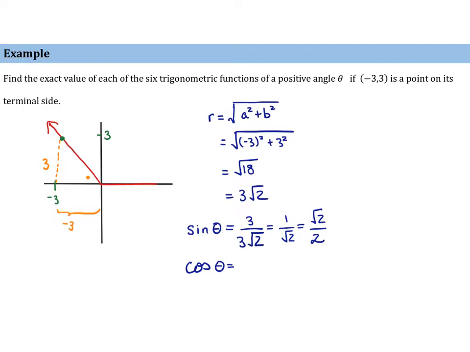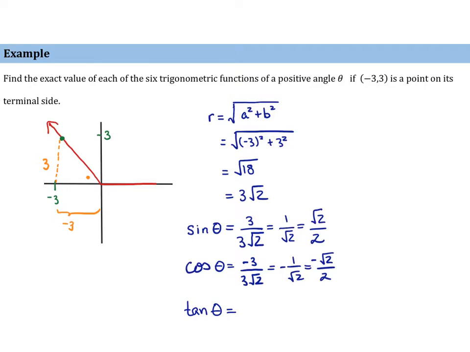So we have A over R, which is likewise in this case negative root 2 over 2. So you'll notice in this situation our trig functions can yield negative numbers as well as positive numbers, which is a twist compared to what we had in our previous understanding.